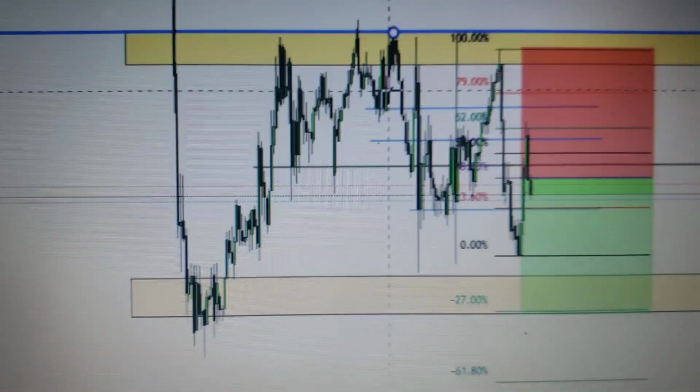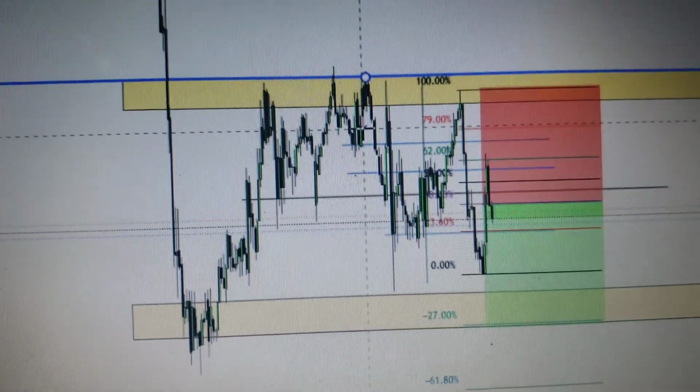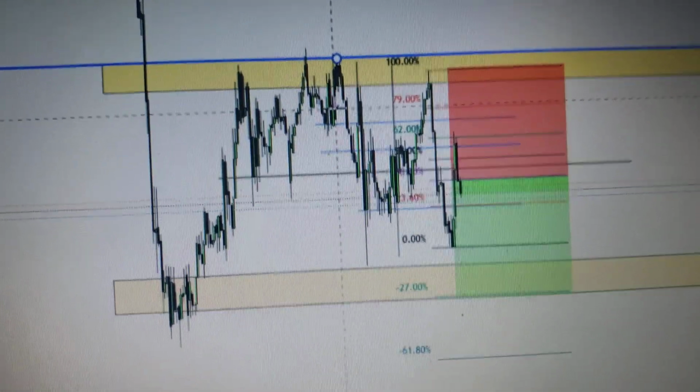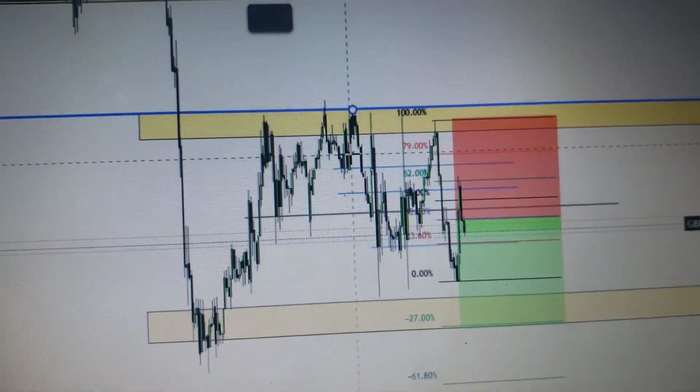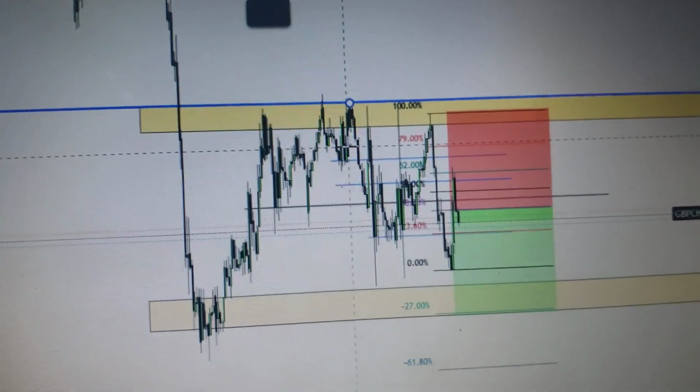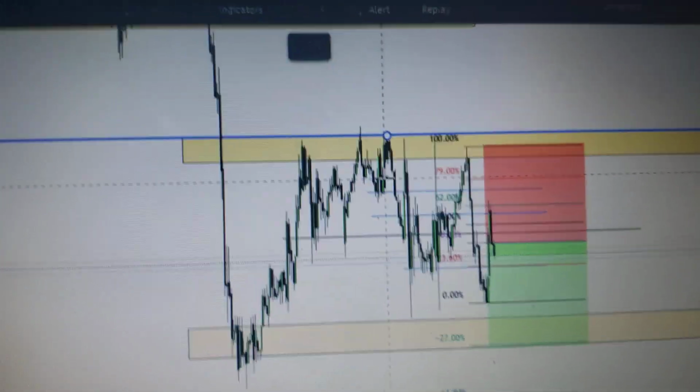Now, when you're looking for entry, I do swing trade and I do day trade, but I think this entry is mostly for everybody. It's not just for swingers and day traders. It's for everybody, even scalpers.